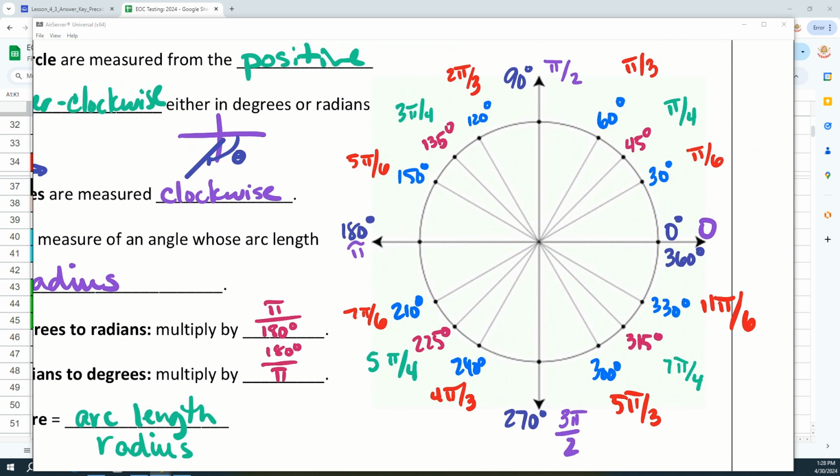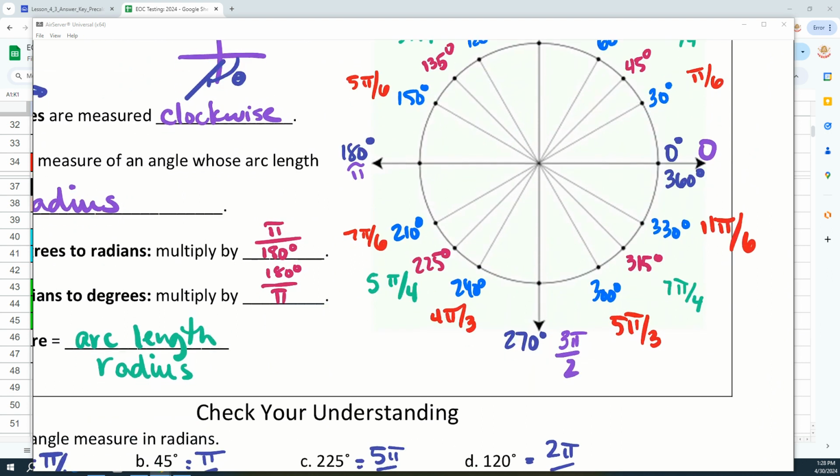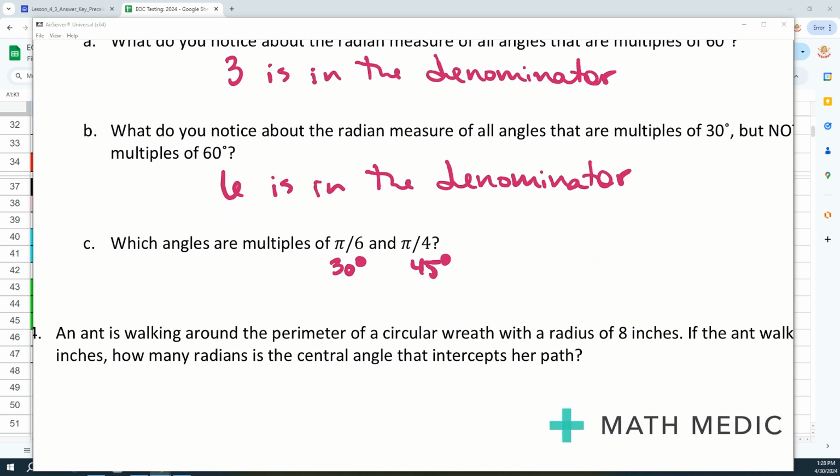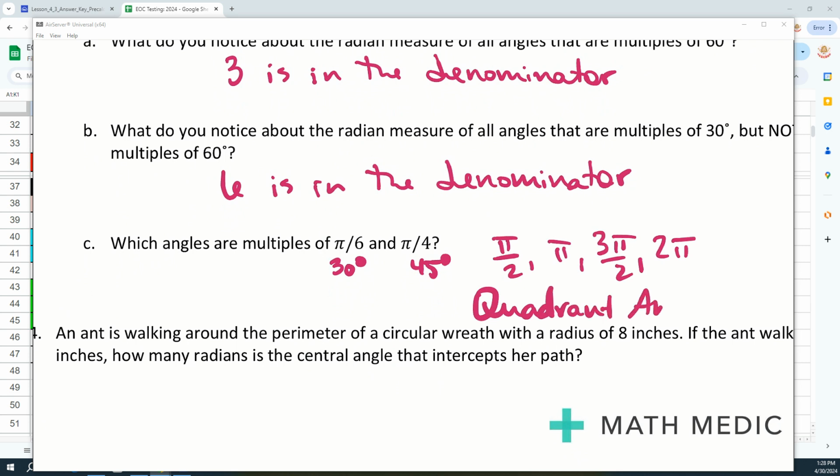What else? 180. Yes, and 360. So those are, let's write them in radians since they asked the question in radians. So pi over 2, pi, 3 pi over 2, and 2 pi. Those are called the quadrant angles. The ones that are on the vertical axis or horizontal axis are called the quadrant angles.